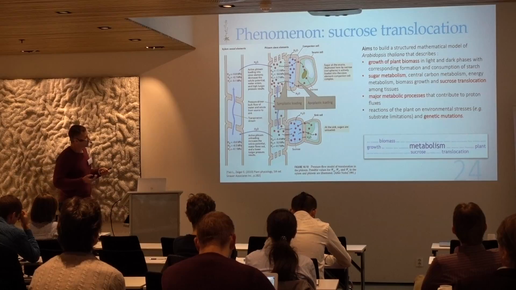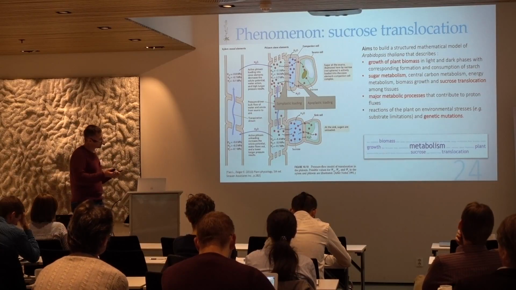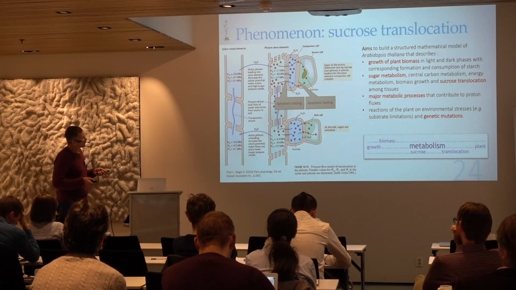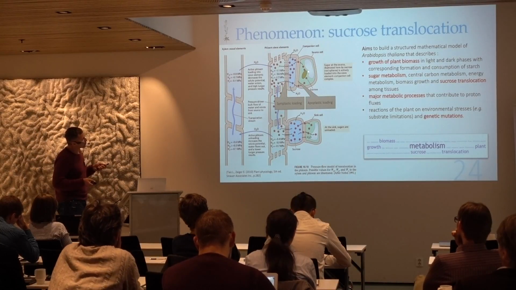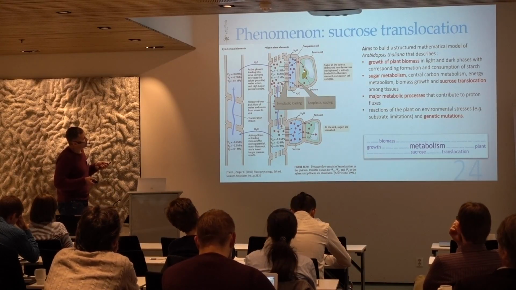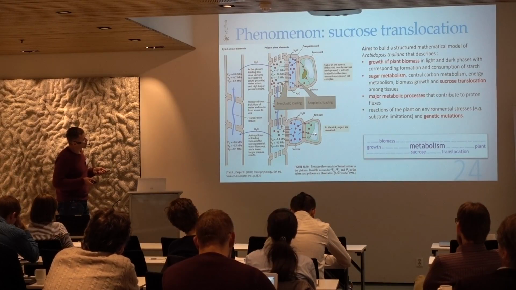So, how can sugar transport change the phenotypic traits of the plant? But for that we need to model in detail the transport of sucrose from source cells, the leaves, via the phloem to the sink, for example the root cells.